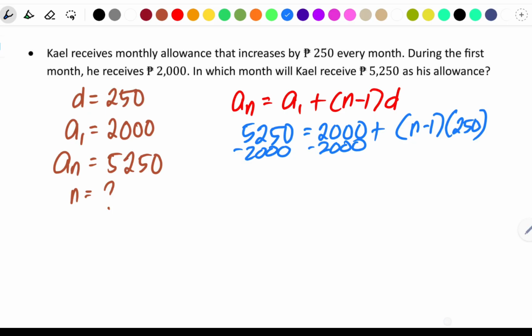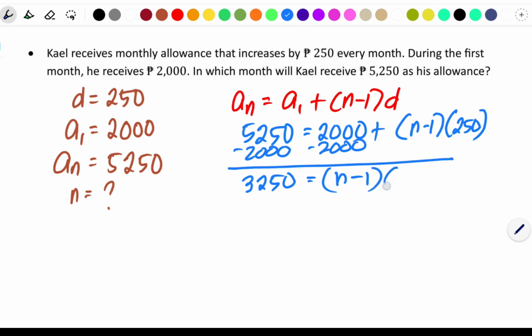And we have 3,250 equals n minus 1 times 250. Divide both sides by 250.